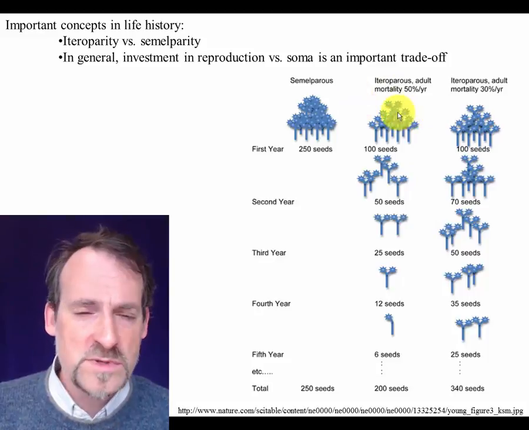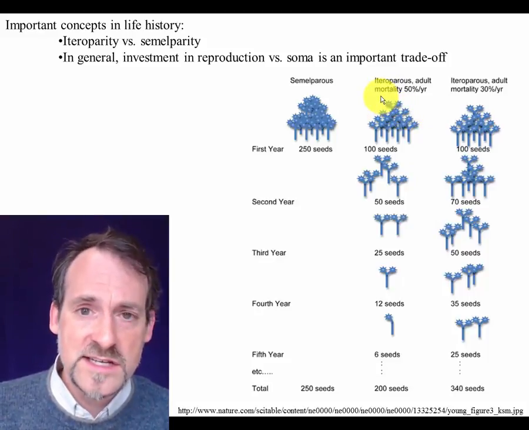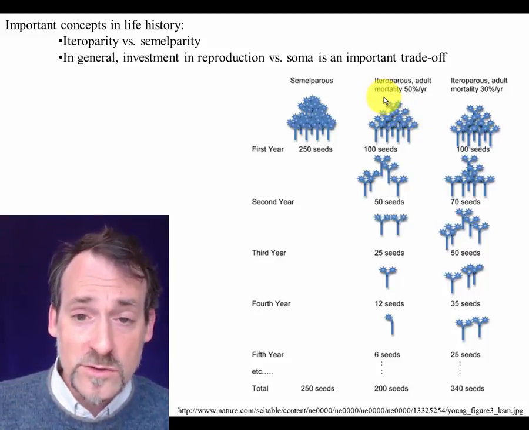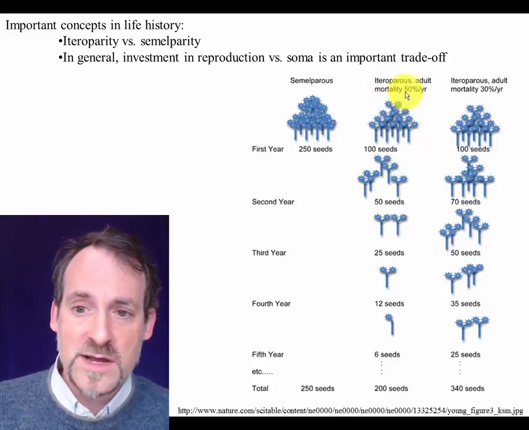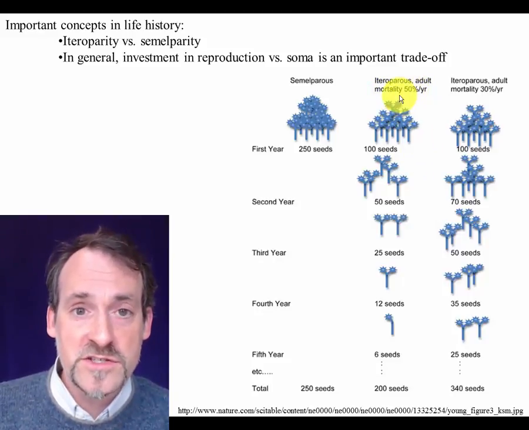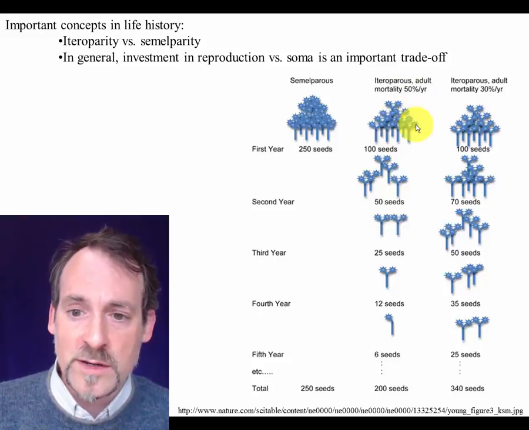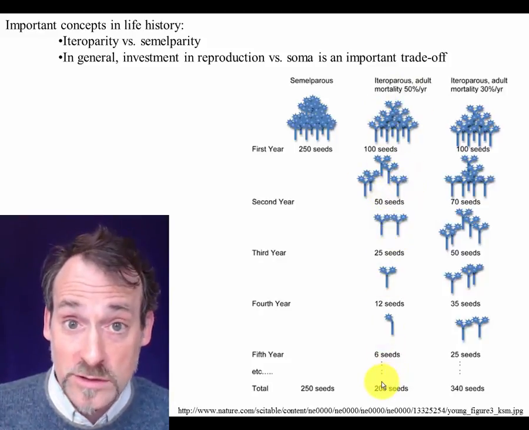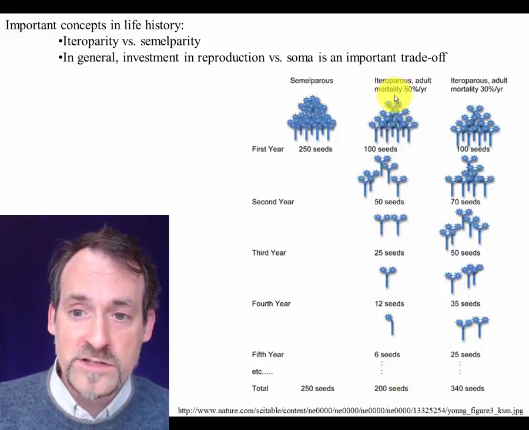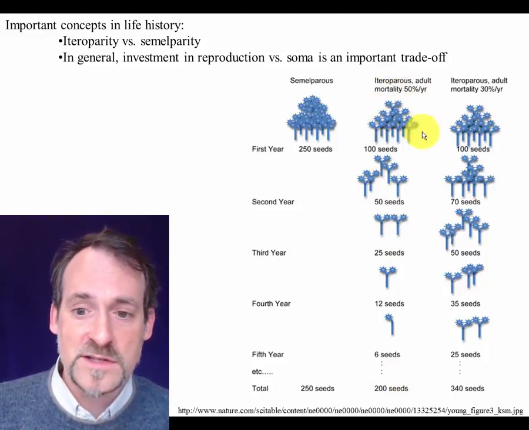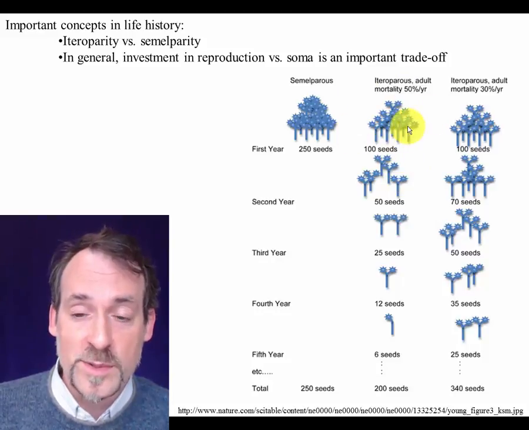If that amount is really low, well, that's going to tend to favor iteroparity. So for example, if it didn't cost very much to survive the winter, this number here might be 200, and this would be 150, 25, and so on. So reducing the cost of keeping yourself alive to the next year also favors iteroparity.